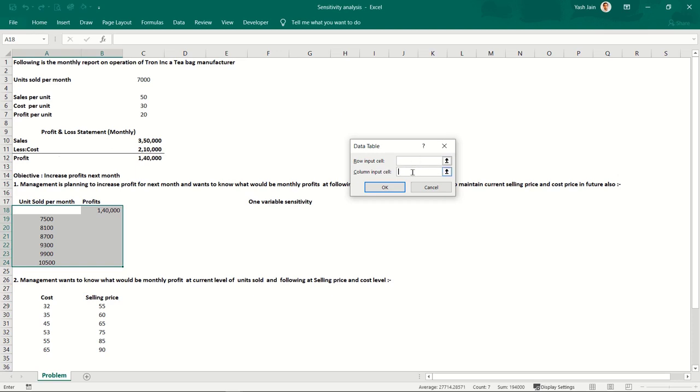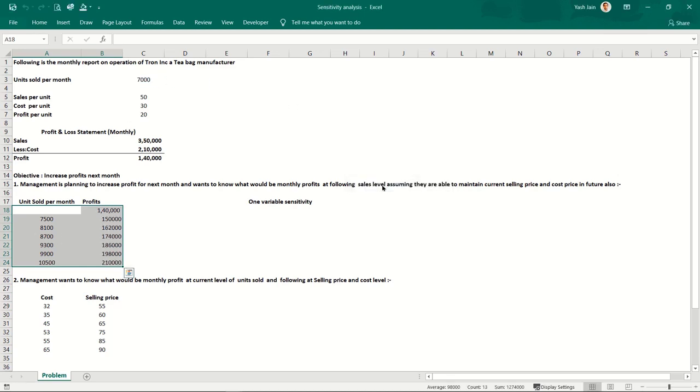For column input, your variable is this, right? 7,000 will be the variable, changing to 7,500, 8,100. So if this is X, it could take these values. So this is your variable, and press OK. And simply we have our profits, right? And if you are presenting it to management, maybe give it some nice formatting.